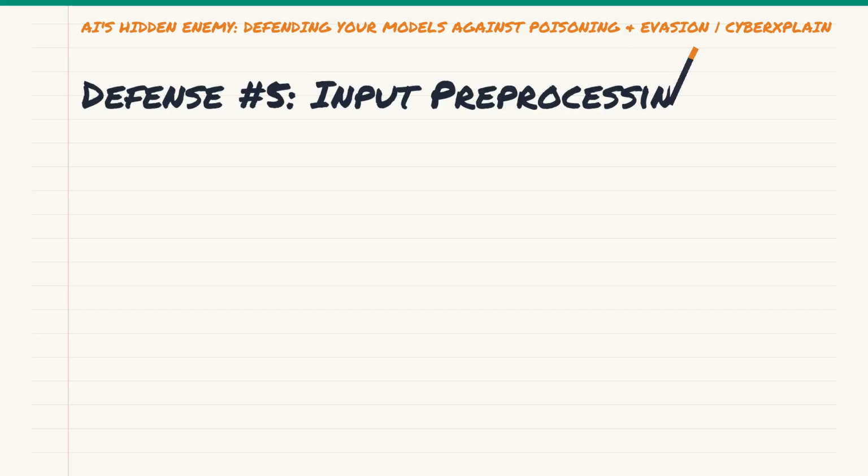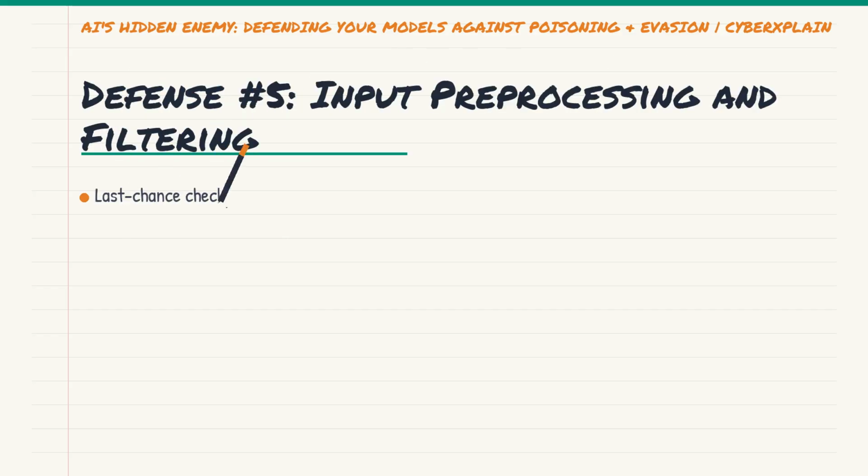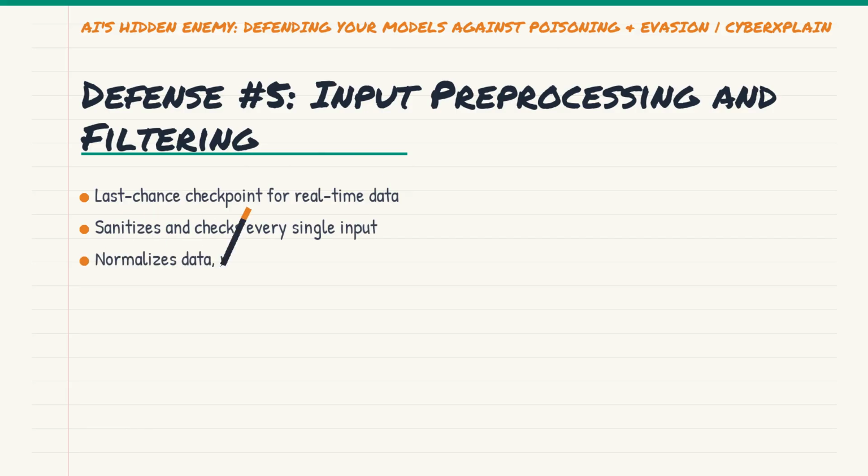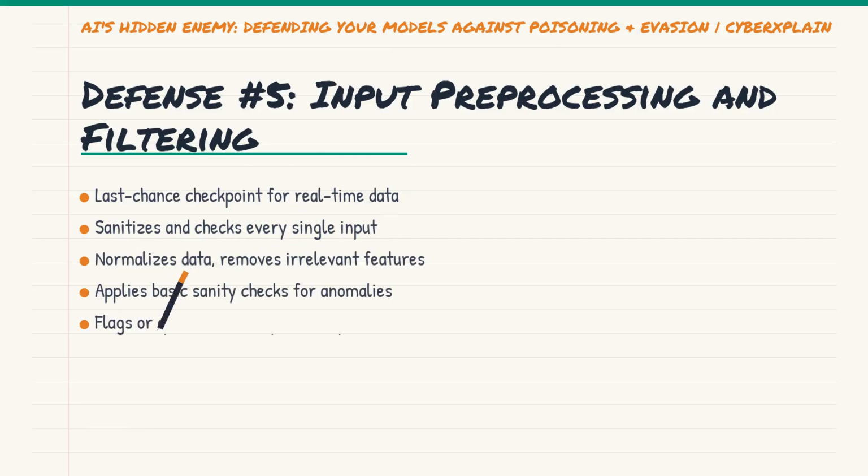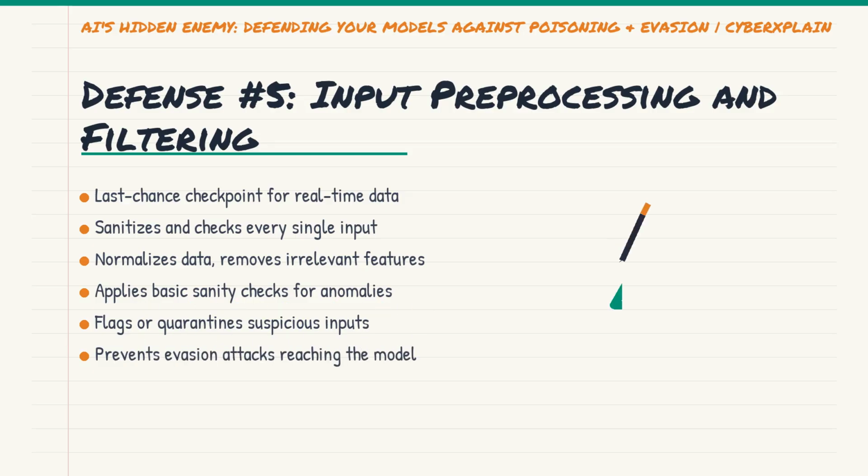Even after all these sophisticated training methods, we still have a final gatekeeper for incoming real-time data: input preprocessing and filtering at inference time. This is where we apply many of the same sanitization and anomaly detection principles we discussed for training data, but now to every single input that goes into the deployed model. Think of it like a last chance checkpoint.